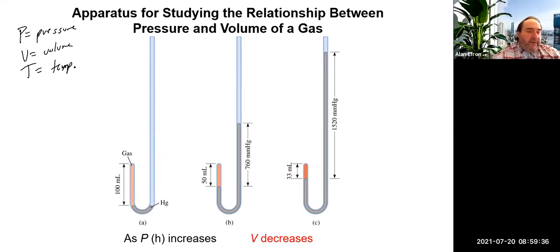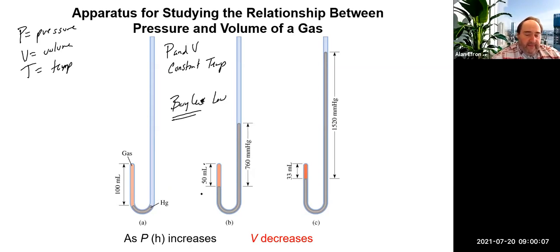The first relationship that we're going to look at is the relationship between pressure and volume while we keep temperature constant. This is what is known as Boyle's law. If we look at the apparatus, at 100 milliliters in terms of volume, we have a pressure that's only about here.